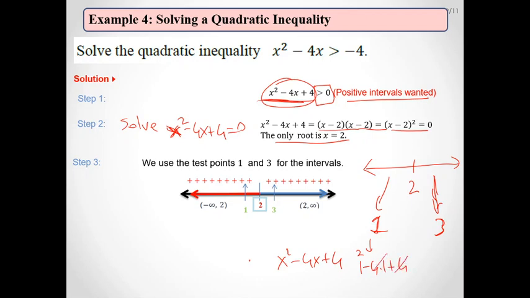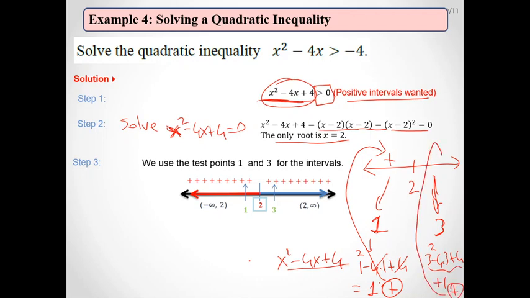So this will make 1. This is plus. So you write here plus. Now take 3 and put it here. 3 squared minus 4 times 3 plus 4. So this will make 9 minus 12 plus 4, which is plus 1. You see it's plus, so you put here again plus.